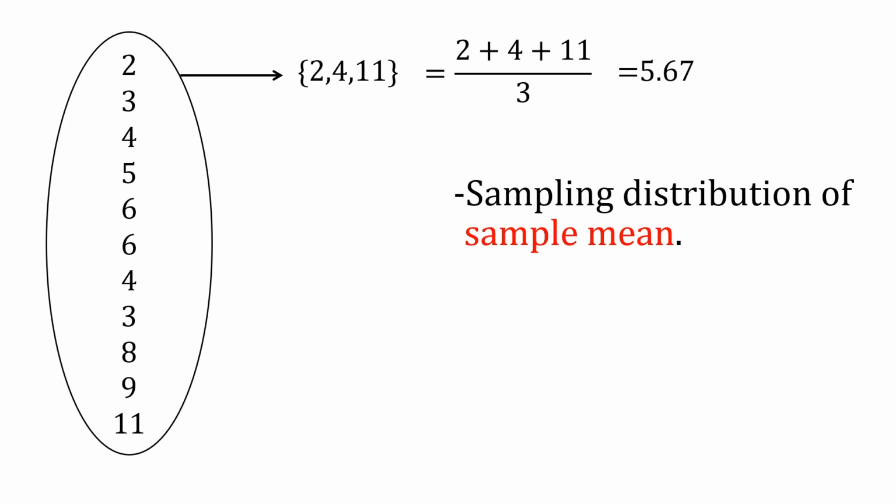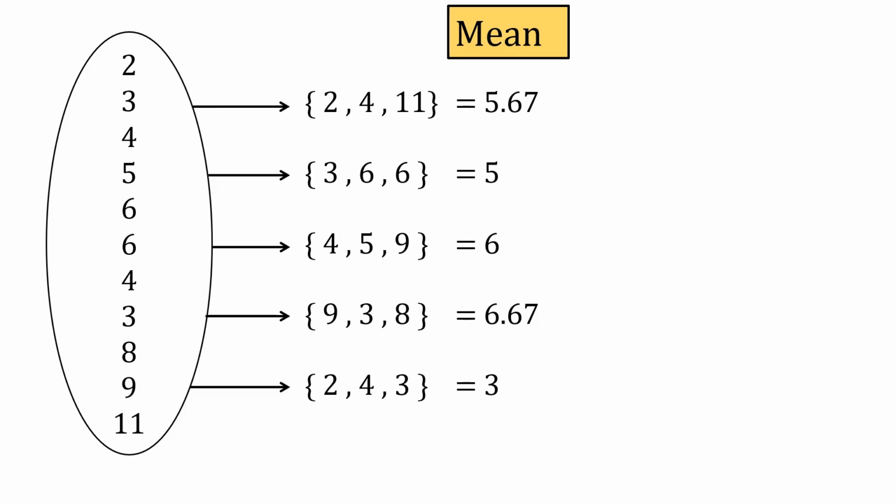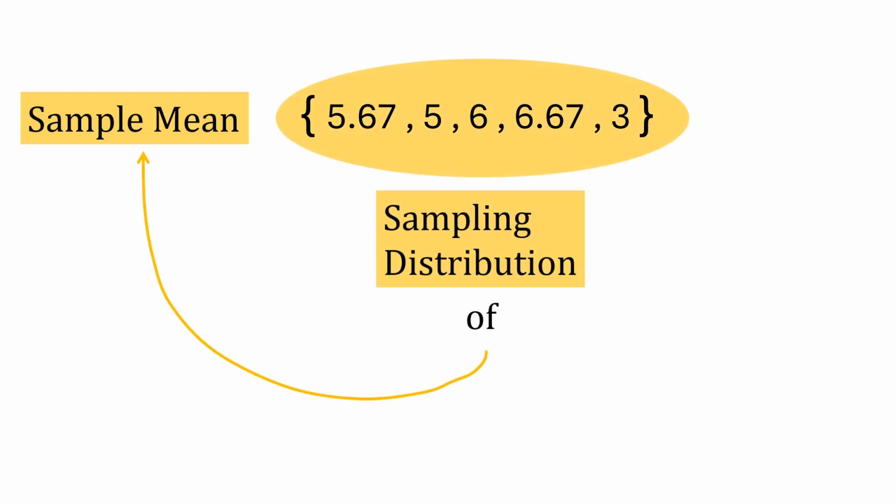Now we'll repeat this process 5 times: drawing the sample randomly, finding its mean, and then placing the sample back. So we will get 5 sample mean values, and this distribution is the sampling distribution of the sample mean.